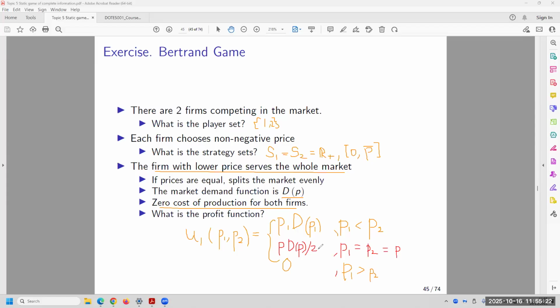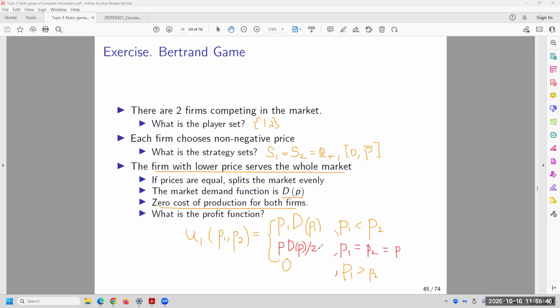And we know what the equilibrium is for this one. The equilibrium is P1 equal to P2 equal to 0. That is the setup. You can check that the only possible case is 0, 0.